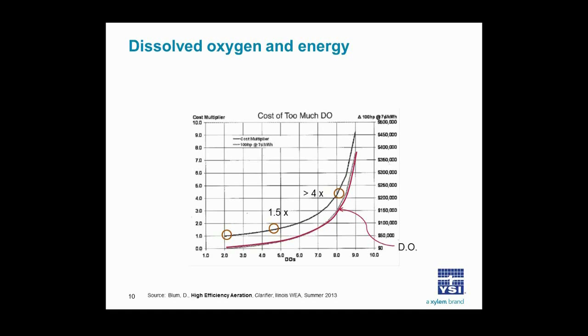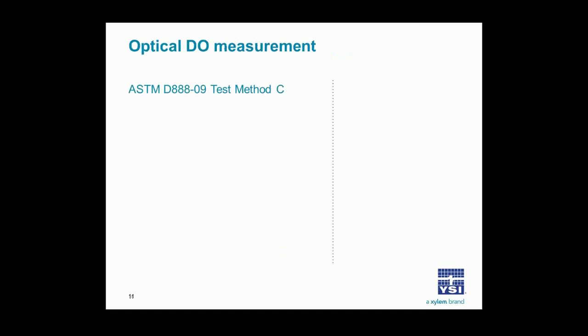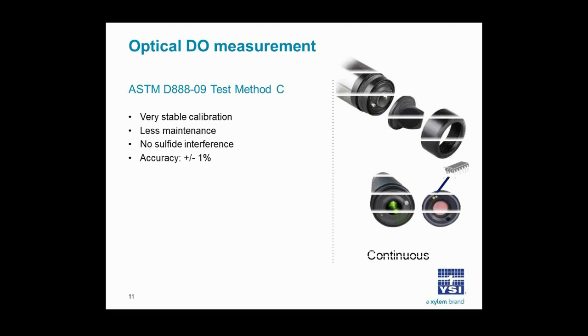I did promise we would talk about dissolved oxygen measurement and alternative ways to control the process. The method here, ASTM, defines a means for measuring DO with an optical method. And it has a lot of advantages over the traditional membrane-style polarographic dissolved oxygen measurement.